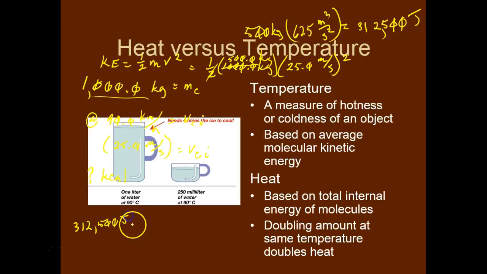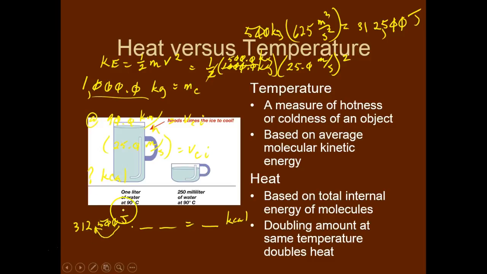312,500 joules multiplied by, and you don't get blank kilocalories. Okay? Now, like I said, if I knew the kilojoules, well, that's easy to get. How do you get kilojoules? Divide by 1,000.